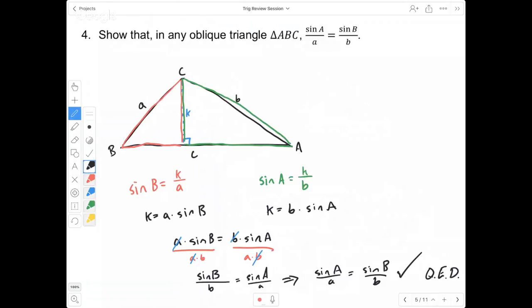QED. There it is. A proof. Questions on number 4.